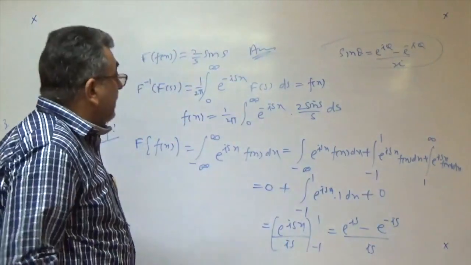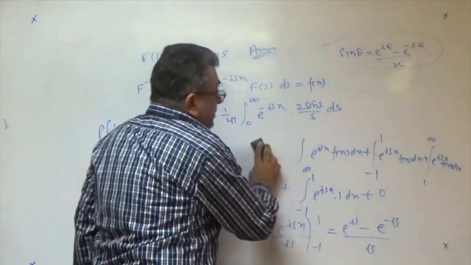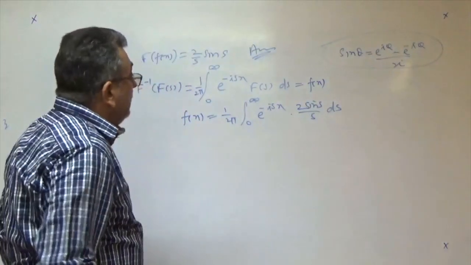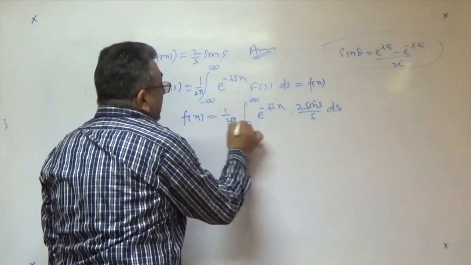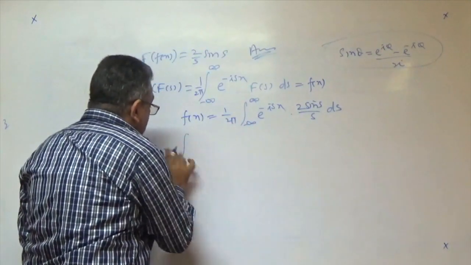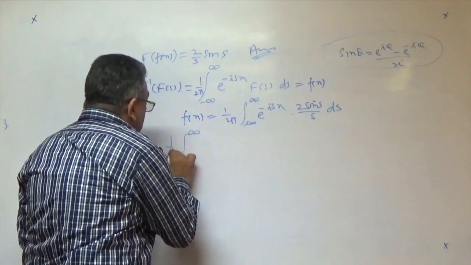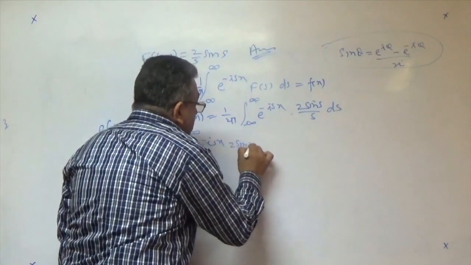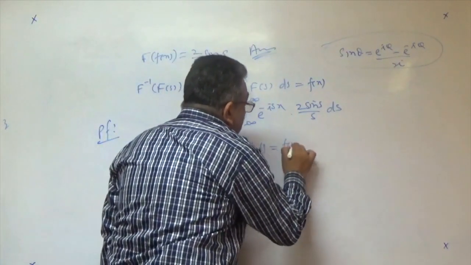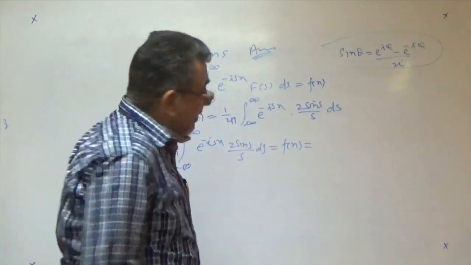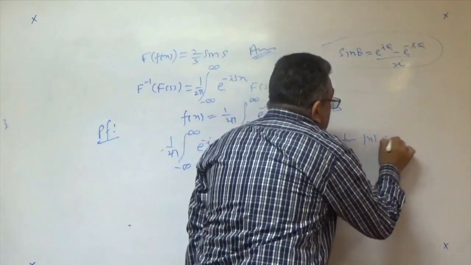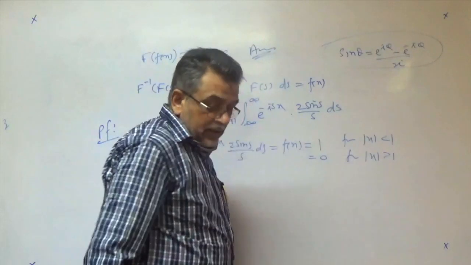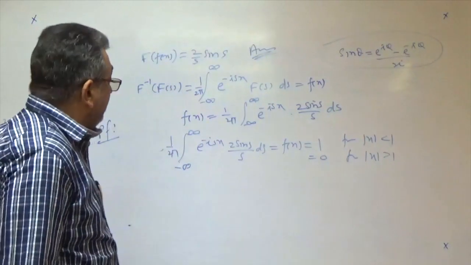Now substitute the given function: from minus infinity to infinity, 1 upon 2 pi integral e to the power minus isx times 2 sine s upon s ds equals f(x). And f(x) is defined as 1 for mod x less than 1, and 0 for mod x greater than 1. This is the definition of the function.